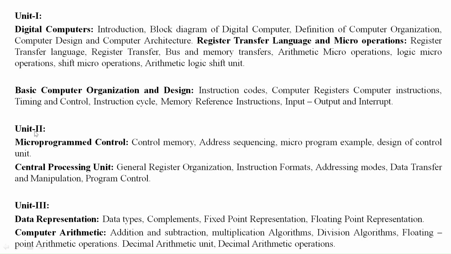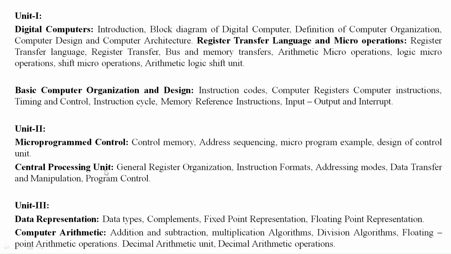Next, coming to the second unit, it is also divided into two parts: microprogrammed control and central processing unit. As part of microprogrammed control, you are going to study the introduction to control memory, how address sequencing is done in a control memory, an example of a microprogram, and how the control unit is designed.